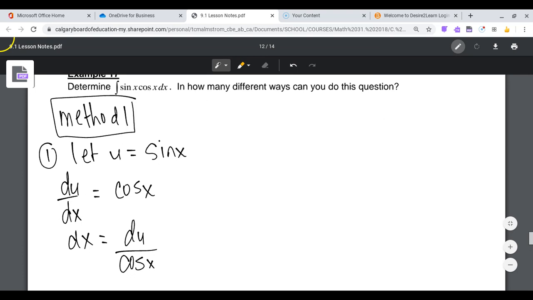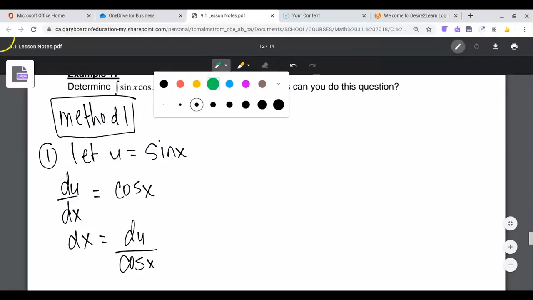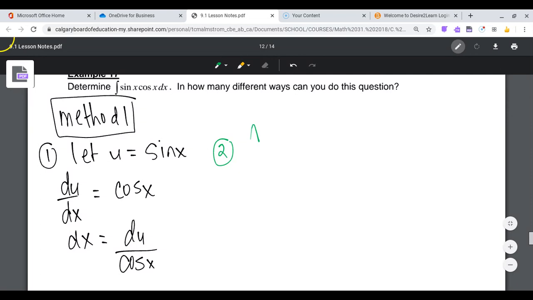And then I could substitute in. So I would have the integral of sine x, which is being represented as u, cos x, and then dx would get replaced with du on cos x.